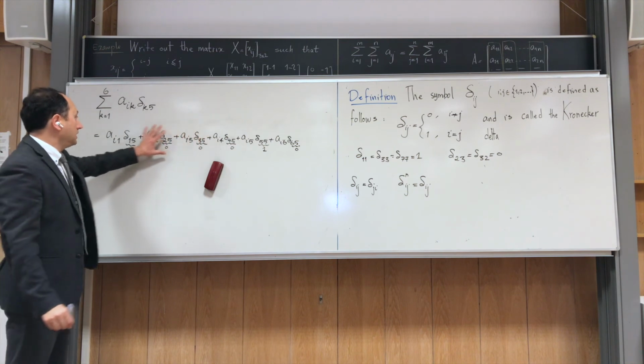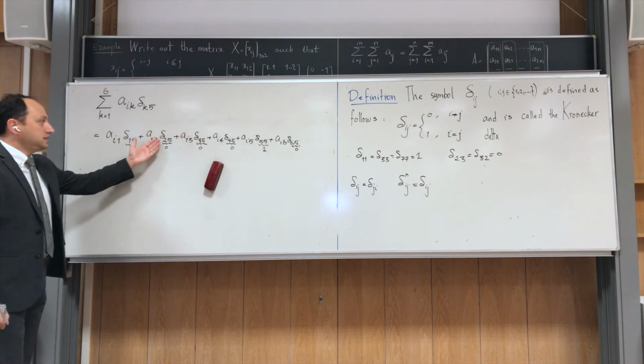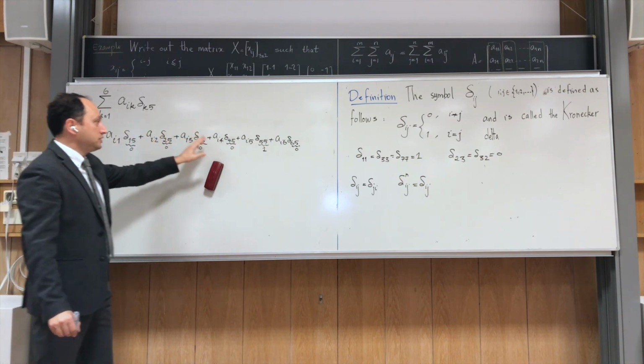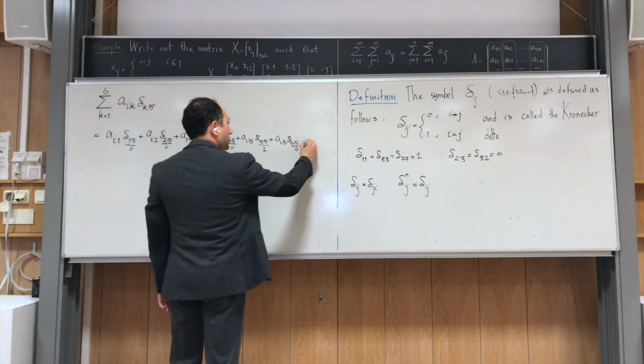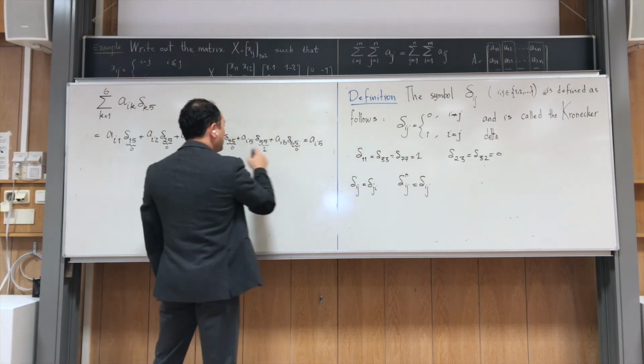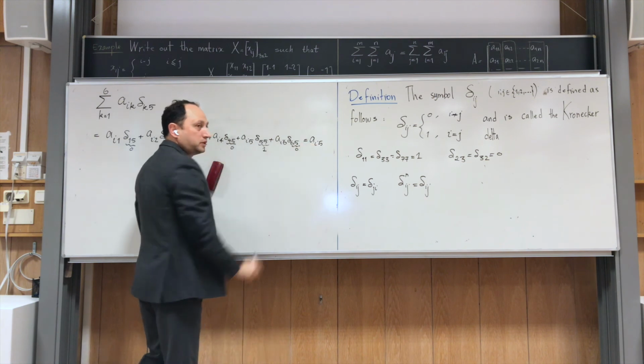So everything, regardless of the value of these a's, becomes 0 except this term. So it becomes a_i5 multiplied by 1, which is a_i5.